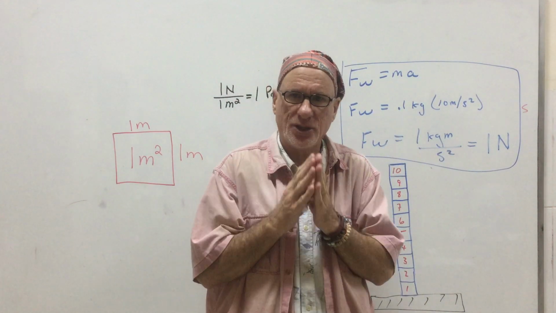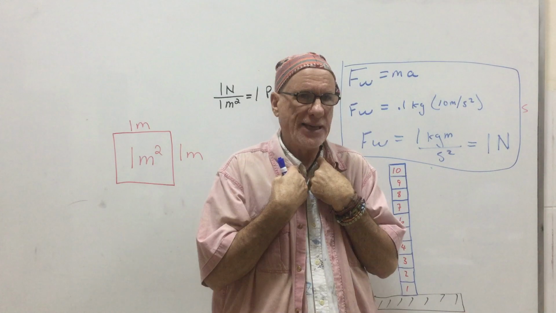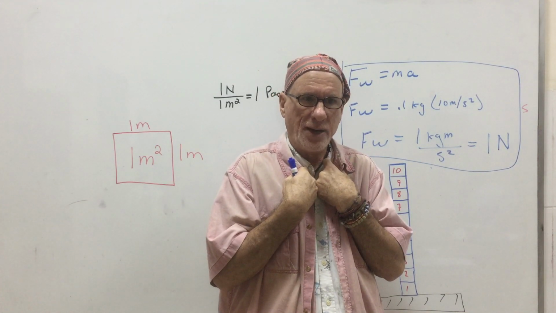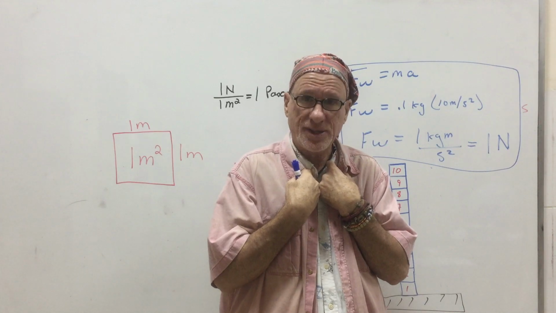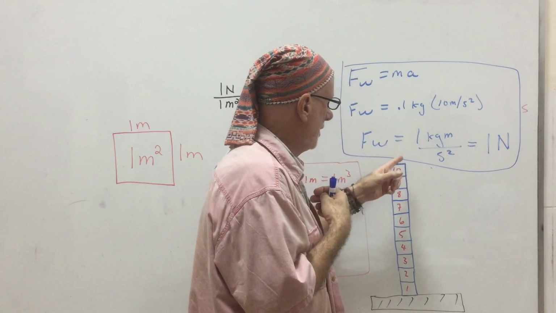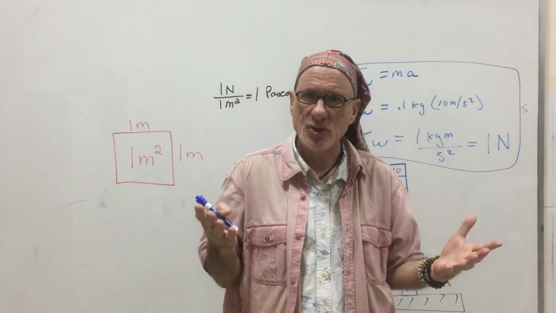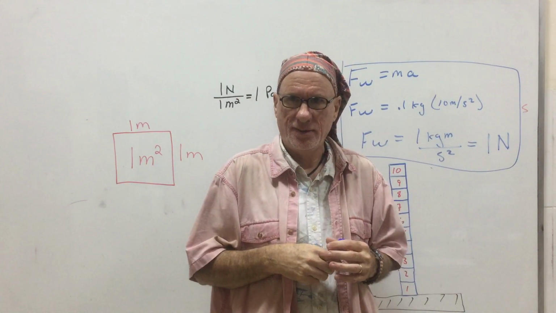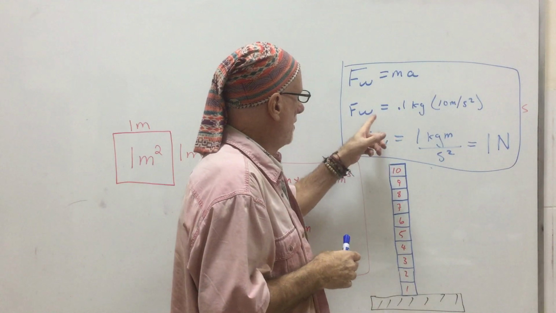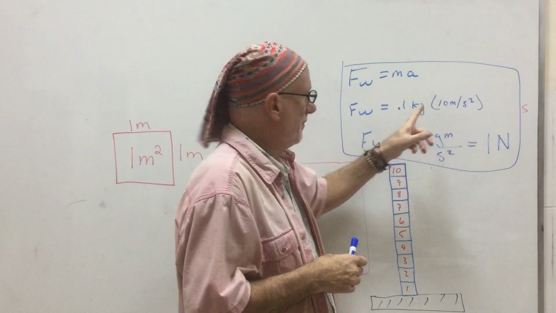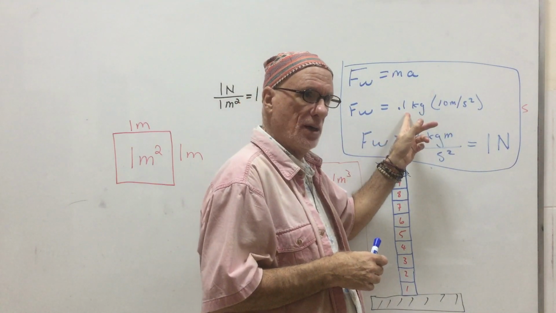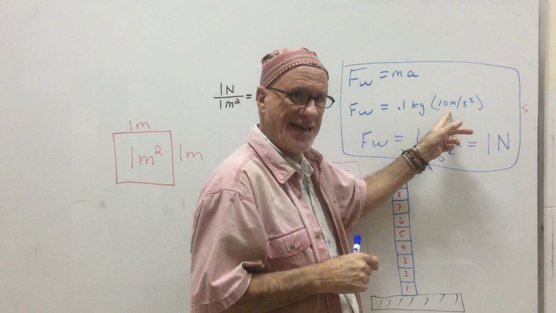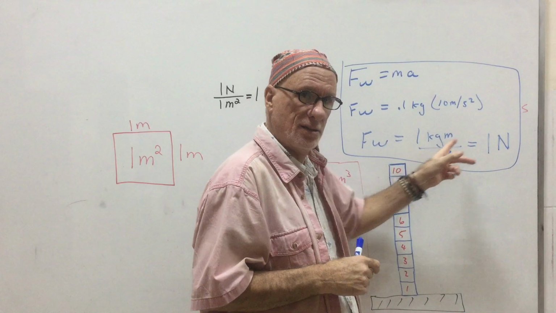If I say to you, my mass is 100 kilograms, my weight in the metric system is going to be 10 times that. So it will be 1,000, right? Because it's times 10. If I take 0.1 kilograms and multiply it by 10, that equals 1.